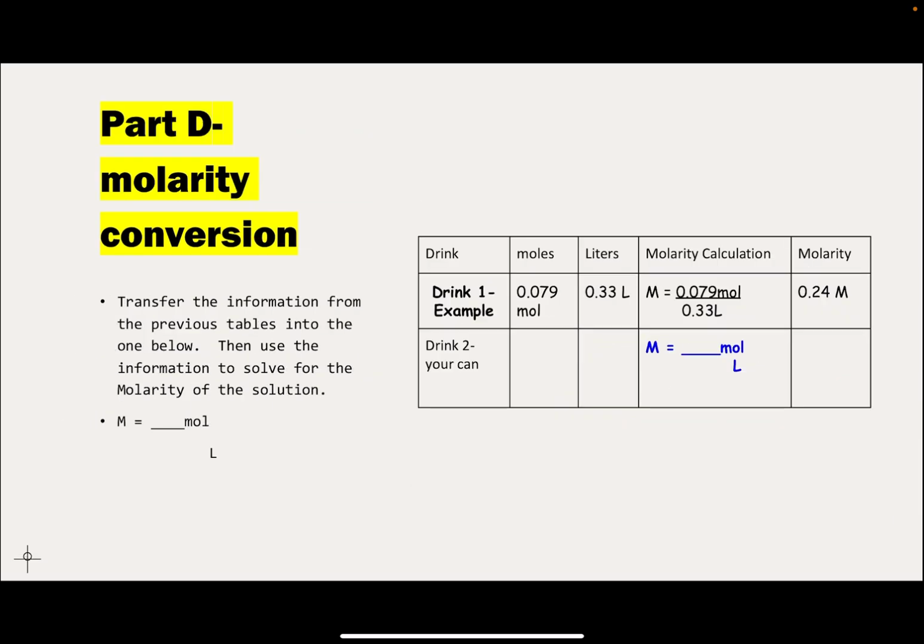So now we have the moles, which we just found was 0.050 mole, and the liters, which is 0.355 liter. Now we can find molarity. So we take that mole amount, 0.050, divided by 0.355, and we get 0.14, rounded to 2 sig figs.